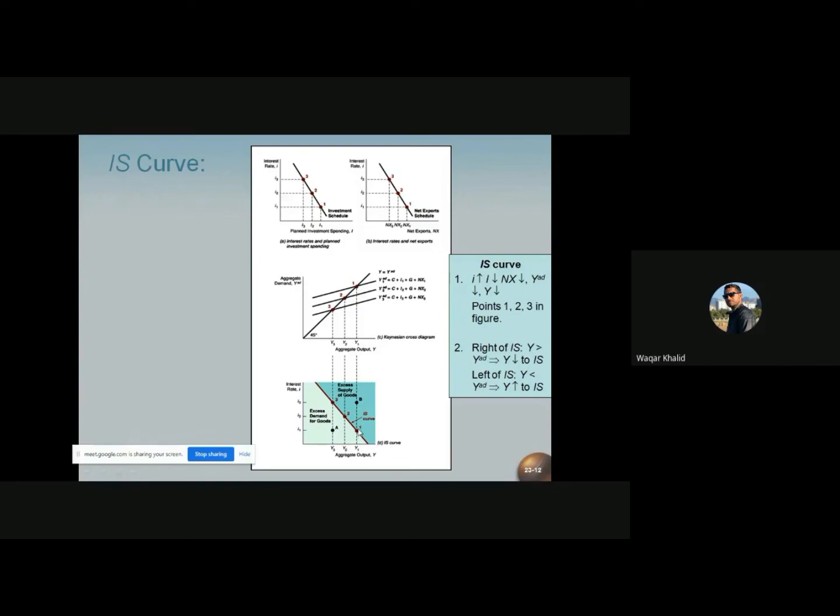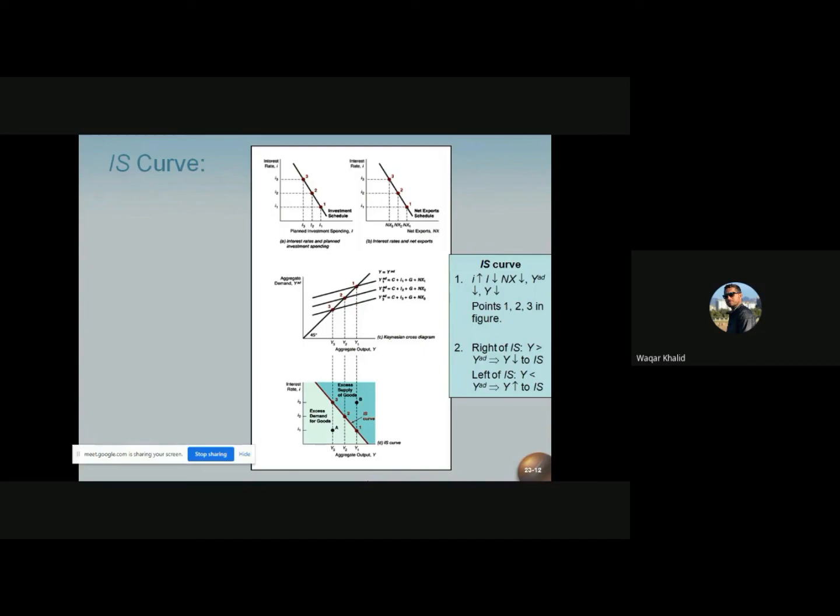It means that we will move from point 1 to point 2. And if there is an increase from I2 to I3, it means that if the interest rate further rises, again the output level will decrease and we will move from point 2 to point 3, and the new output level will be Y3. It means that an increase in the interest rate is negatively affecting the aggregate level of output. That's why the slope of the IS curve is negative.